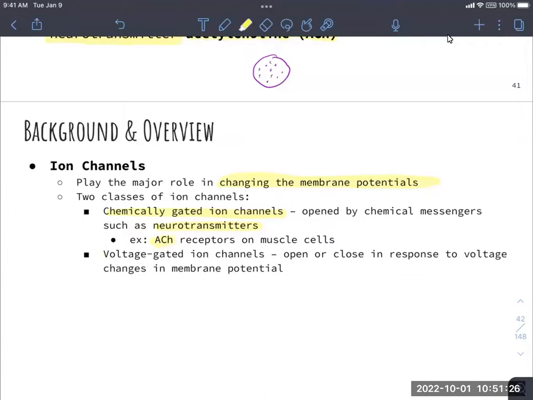But we also have voltage-gated ion channels. They're going to open or close depending on that membrane potential. Like if a cell gets too positive, because we said they're around -70 millivolts. But what happens if that cell membrane gets to, say, +30 millivolts?